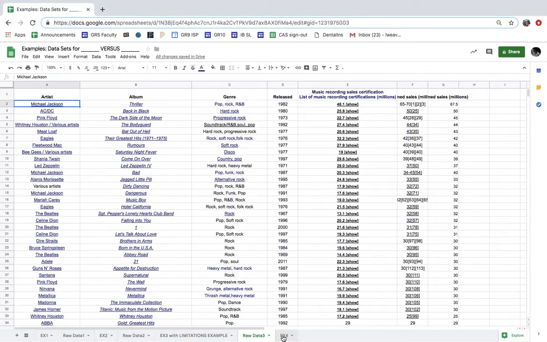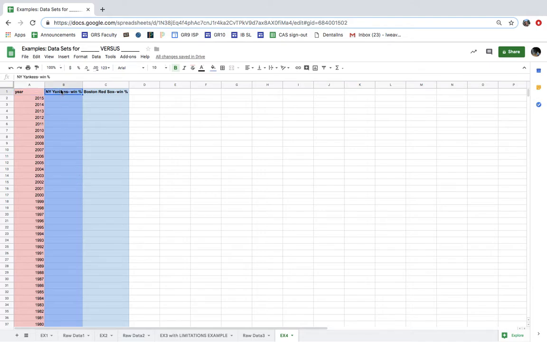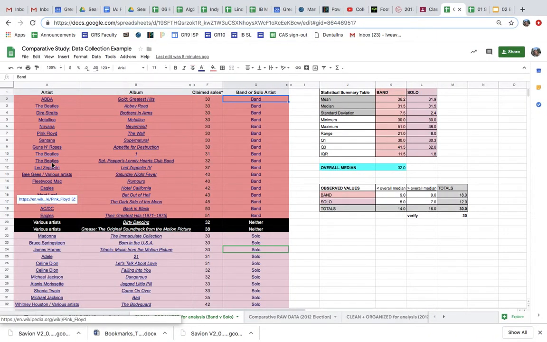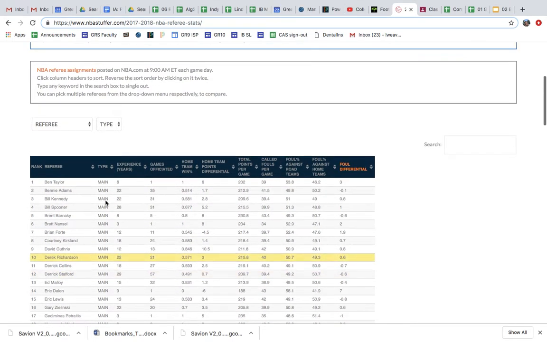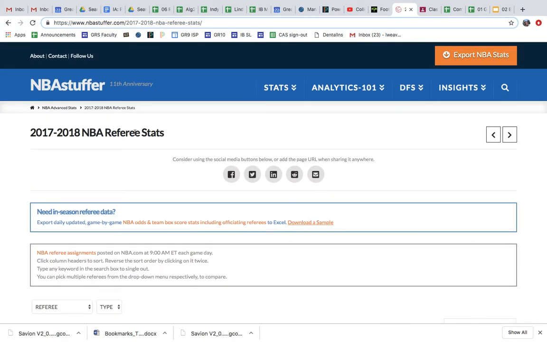Another thing you could look at is sports, and you could ask to what extent do the New York Yankees outperform the Boston Red Sox? Maybe you look at their win percentage every year going back to 1964. There's data really all over the world. One thing that I'm curious about, I was listening to the radio the other day. They have NBA referee stats.